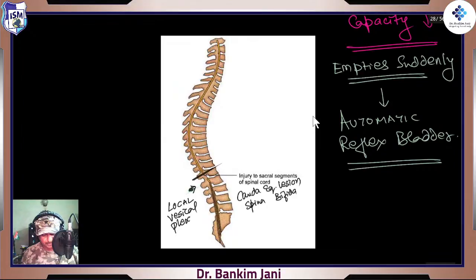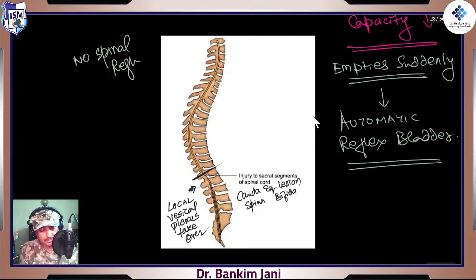They take over. When they take over, it means now there is no spinal reflex, right? So that's the key thing. There is no spinal reflex, which means there won't be any tone.